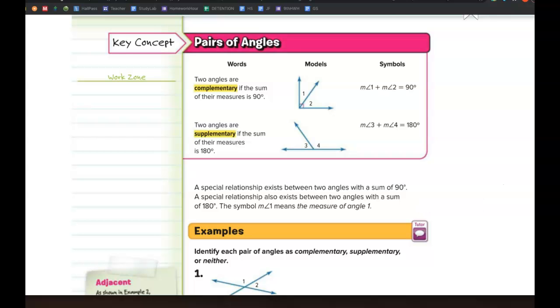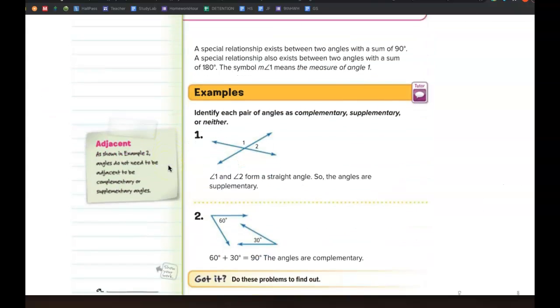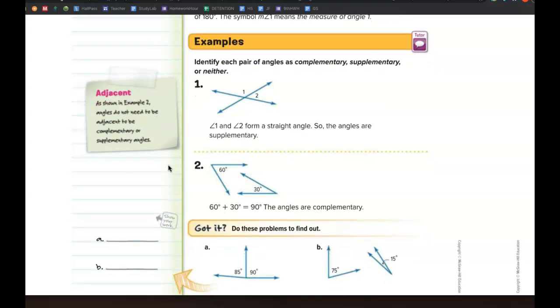Okay, so looking at example 1, it says to identify each pair of angles as complementary, supplementary, or neither. So looking at number 1, if I take angle 1 and angle 2 and I add them together, they form a straight line. Therefore, they are supplementary angles because when you add them together, they equal 180 degrees. Okay?